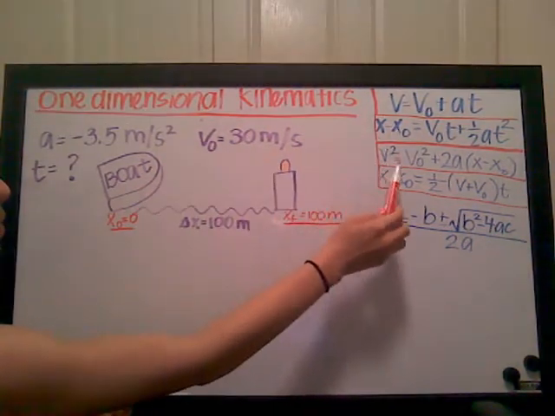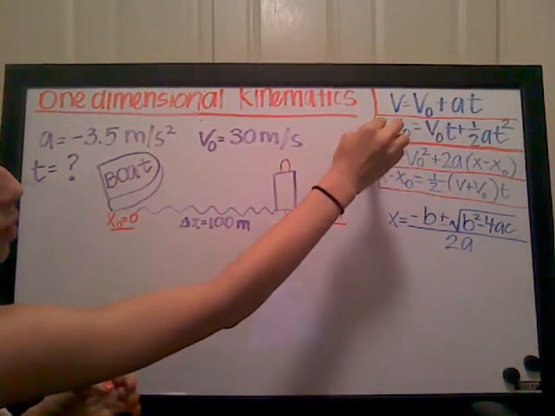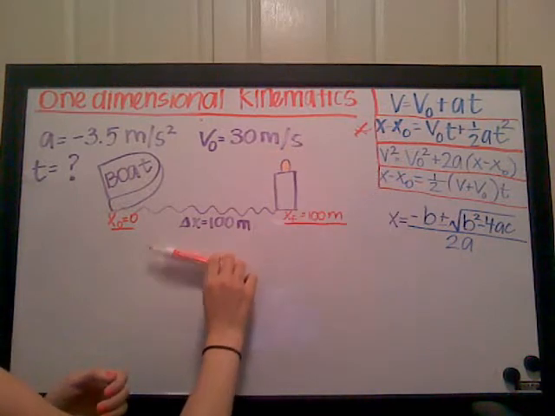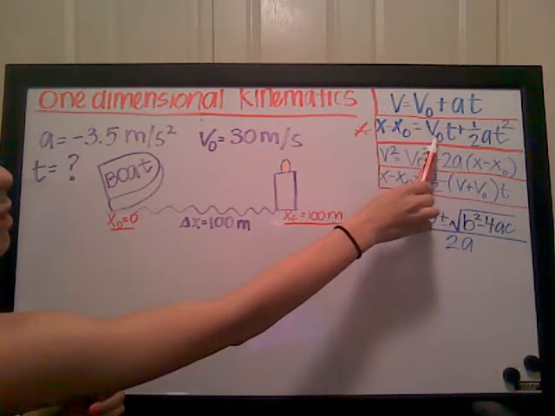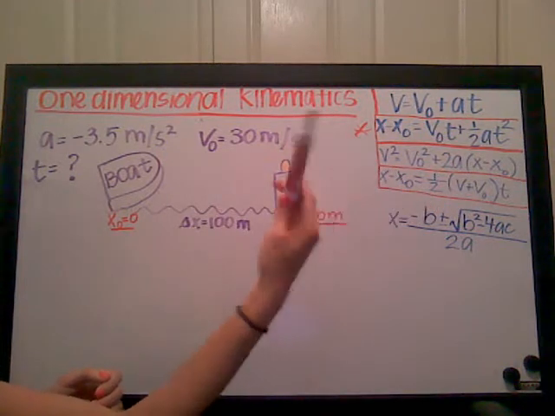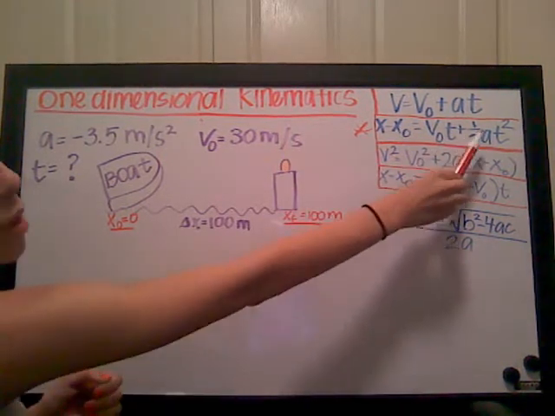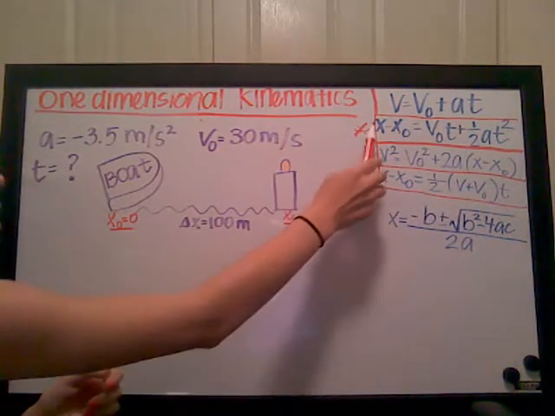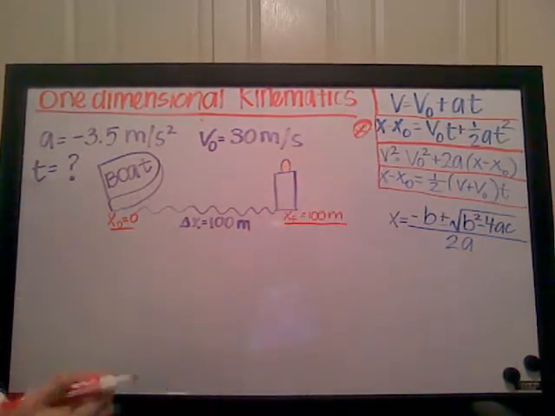So just looking at this, this equation right here, the second one, includes our distance, which we do have, our initial velocity, the time, which is what we're trying to solve for, so of course we're going to need that to be a part of our equation. We have the acceleration, again, the time included. So it looks like this is the equation that we're going to want to use.